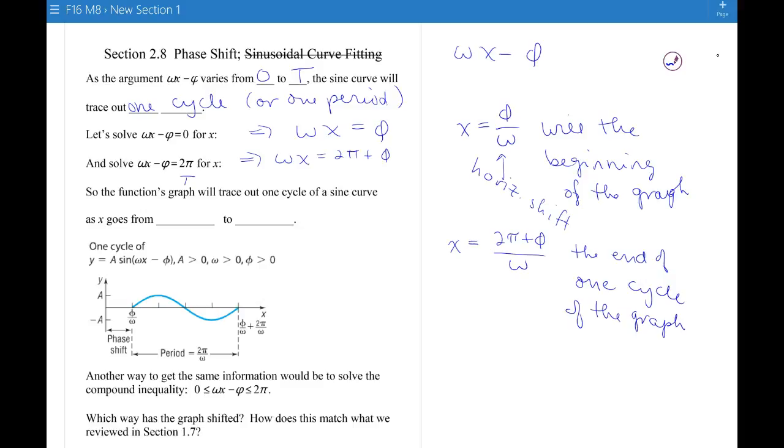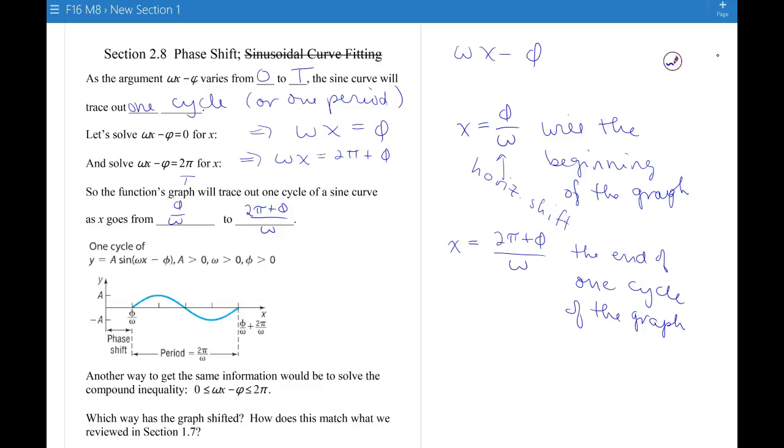So see, everything is just moved over phi over omega. So the function's graph will trace out one cycle of the sine curve as x goes from phi over omega to 2 pi plus phi over omega.